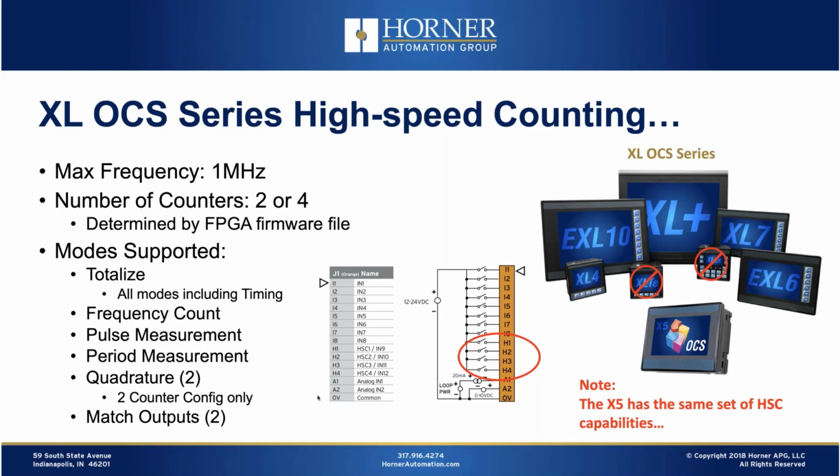So yes, it's part of the micro family. It looks like a micro from the standpoint of its package. However, the internals are very similar to an XL series product. So that's why its high-speed counting capabilities are aligned with XL series and not aligned with the micro series.